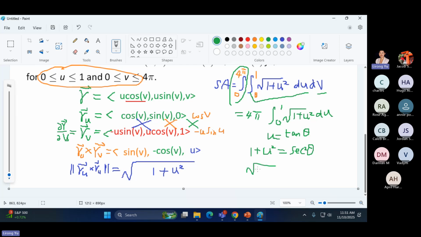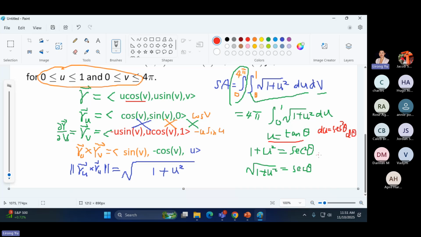So the root of 1 plus u squared equals secant theta. On the other hand, because u equals tangent theta, du is equal to secant squared theta d theta. A lot of review of trigonometry.